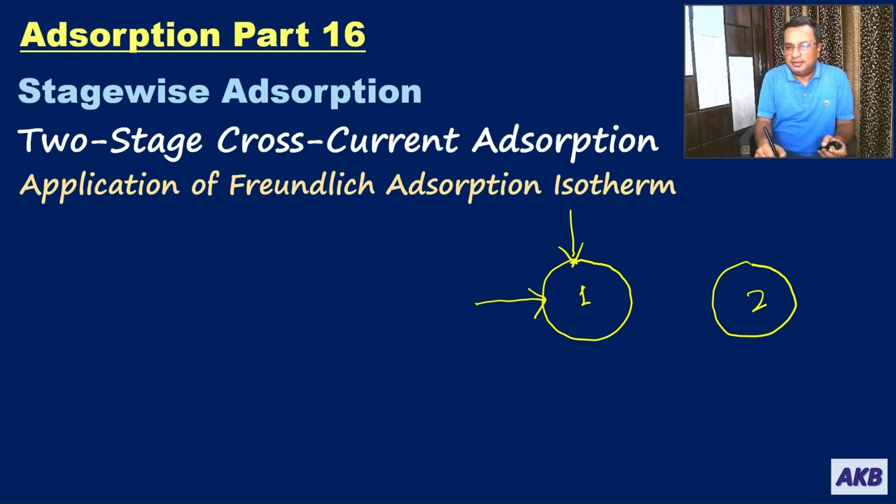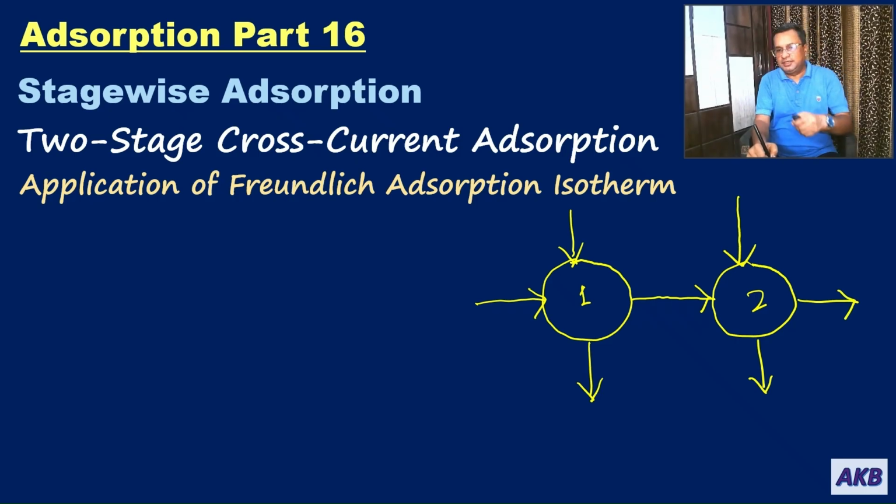After contact for a sufficiently long time, the liquid solution will come out of it. The adsorbent phase will come out of stage number 1, and in stage number 2, the liquid solution will be contacted with new adsorbent phase, and finally you are going to get the liquid solution that comes out of stage 2 and the adsorbent phase that comes out of stage number 2.